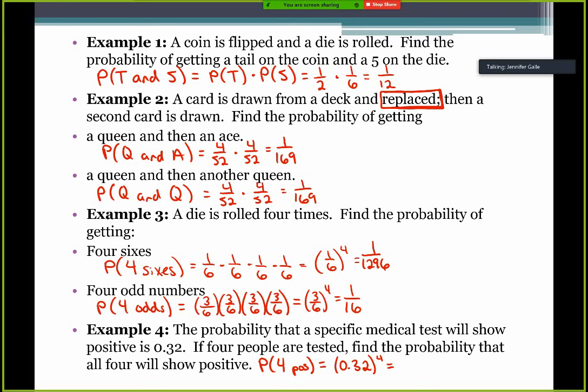So here's one of those instances when we started day 1 in probability when I said, hey, fractions are going to be best because they're exact. But here's an instance where, you know what, we're not going to do all the work to get that fraction. I'm not going to change that to 32 hundredths and multiply that 4 times and try to change it. So we do use our rounding rule in this case.